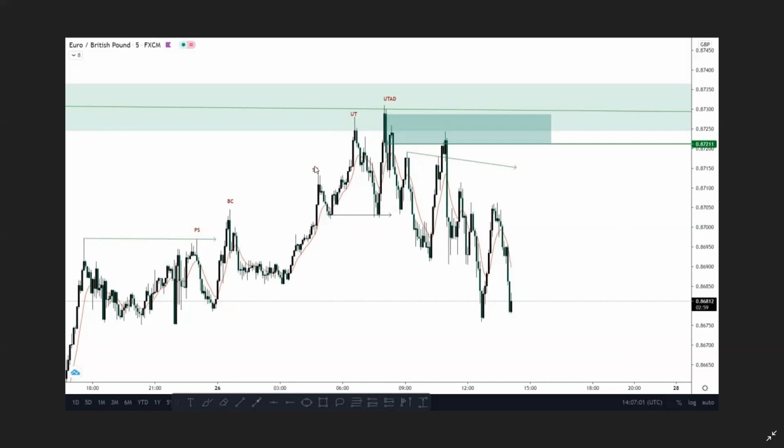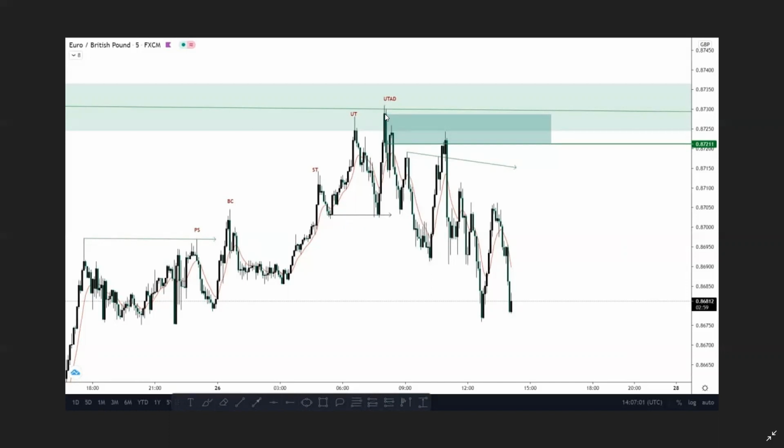So I identified this as a ST. We came back down, upthrust, trades higher, and then upthrust after distribution. And then we see how from here, price starts trading, and then we break below this low and this low. We break below it.